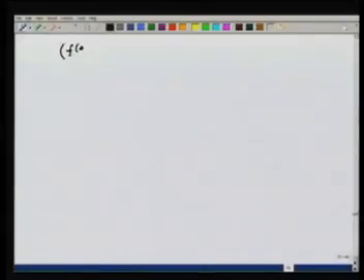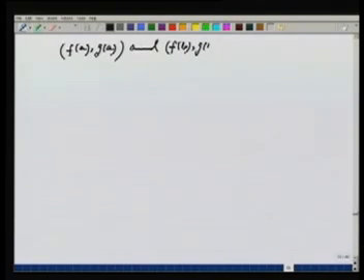So the endpoints we know are (f(a), g(a)) and (f(b), g(b)). These are the endpoints of the curve.